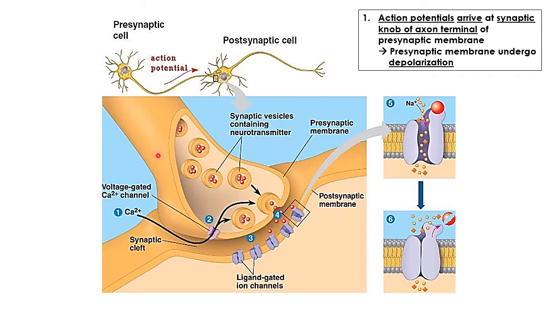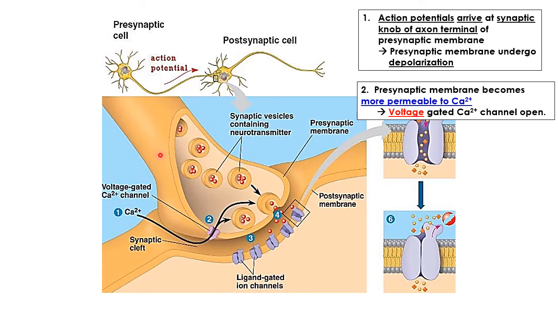This depolarization will open the voltage-gated calcium ion channel. When this channel opens, calcium ions from the outside environment can enter into the synaptic knob.